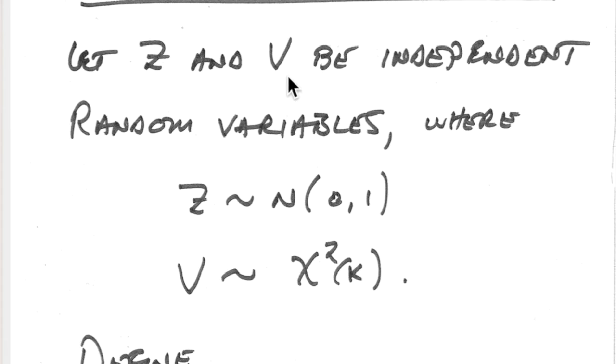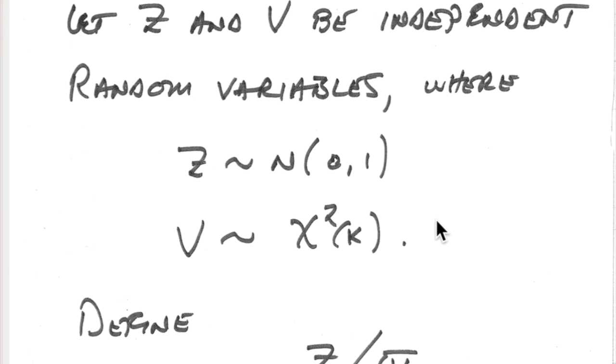And let the random variable V have a chi-square distribution with k degrees of freedom. So this is the distribution we just looked at, and this is another reason why we had to look at the chi-square distribution first. So we have a standard normal random variable and a chi-square random variable with k degrees of freedom, and we're assuming that Z and V are stochastically independent.